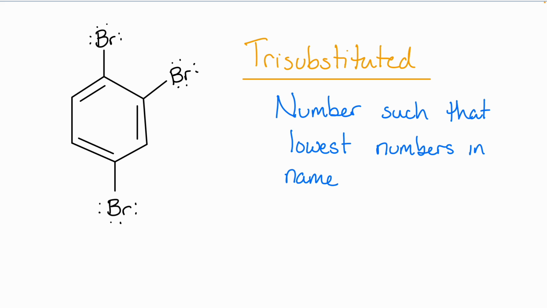All right, so see if you can't figure out how to name this molecule here. As soon as there's 3 or more, you're just going to number your ring just like you would a cyclohexane or something like that.